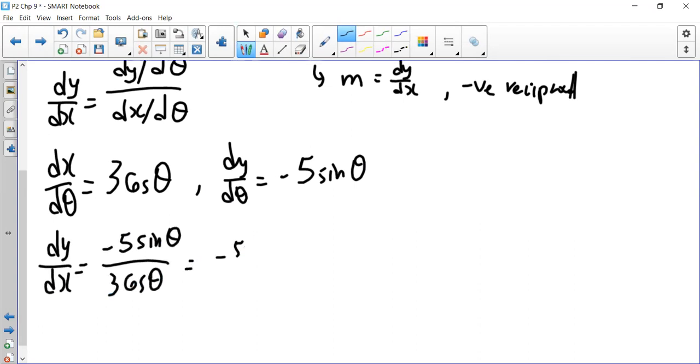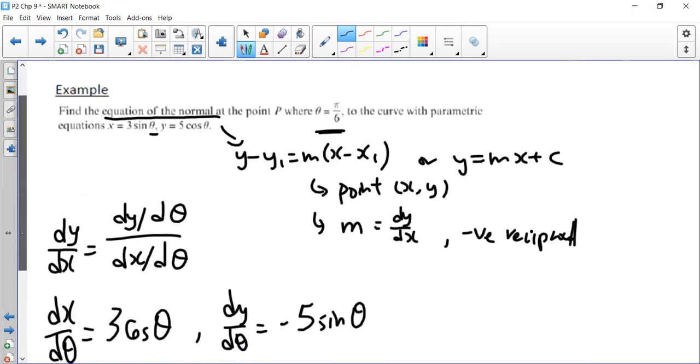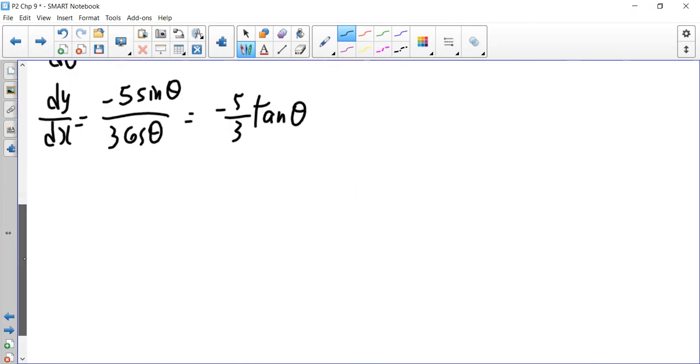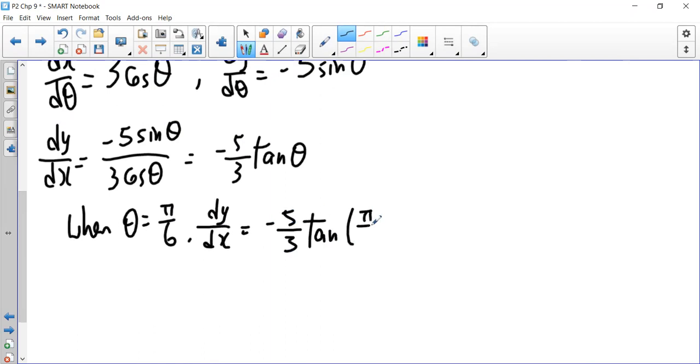We know sine over cos can be written as tan theta. We're given theta is pi over 6, so let's sub it in. When theta equals pi over 6, dy by dx equals minus 5/3 tan pi over 6. Put in the calculator, you should get negative 5√3 over 9.